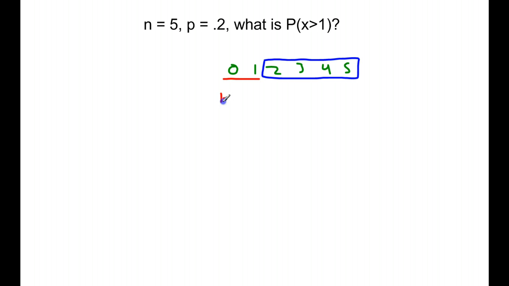So the left side is going to be a binomial CDF, and that is going to, again, always use our N, comma, P, so 5, 0.2, and then our X value is always the highest value on the left. So in this case, it's going to be 1. That will give us the area in red. If we want to get the area in blue, then we need to take 1 minus whatever we get here. So 1 minus the binomial CDF of 5, 0.2, 1. And that then will give us the area in blue.